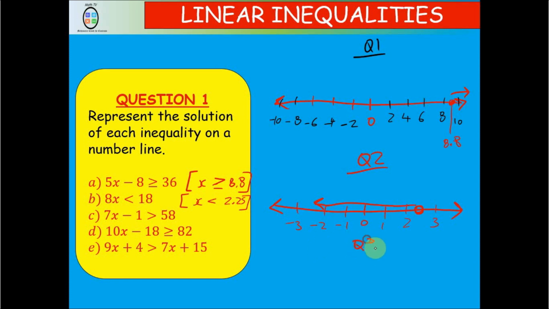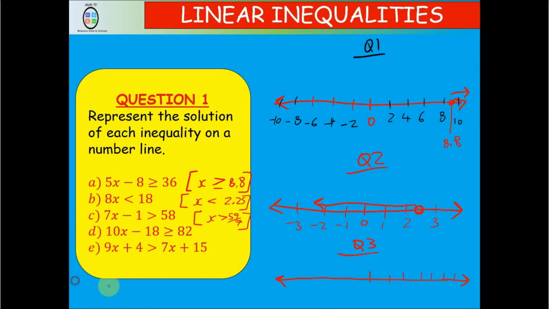Easy. Question 3. I think the solution was something like x is greater than 59 over 7, which is 8 point something. So in that case, again, let me start with 2, 3, 4, 5, 6, 7, 8. Alright, I'm going to clear this and make a better scale.